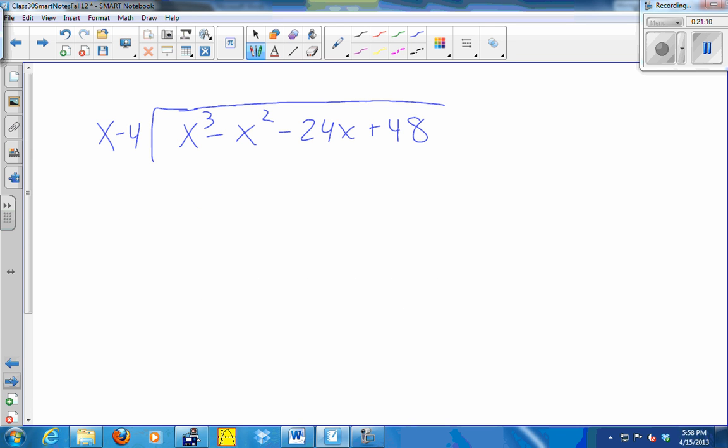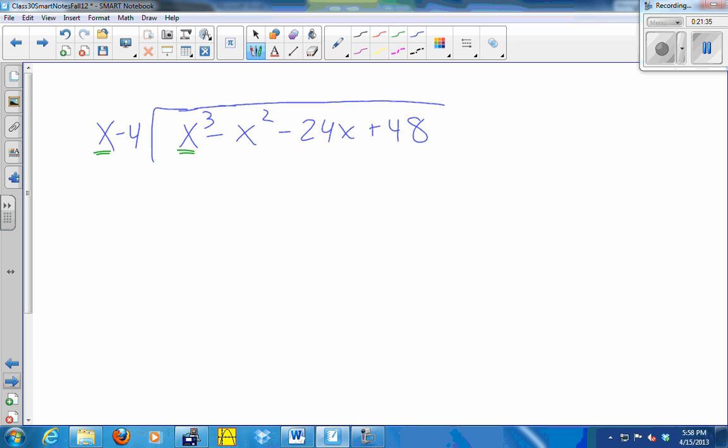All right. So I'm going to say, how many times does x, I'm just going to look at the leading term of the divisor and the dividend. And I'm going to say, how many times does x go into x cubed? That is, what do you multiply x by to make an x cubed? x squared.